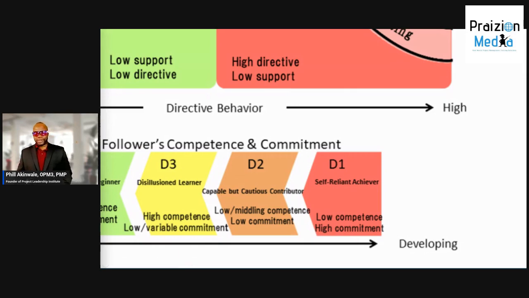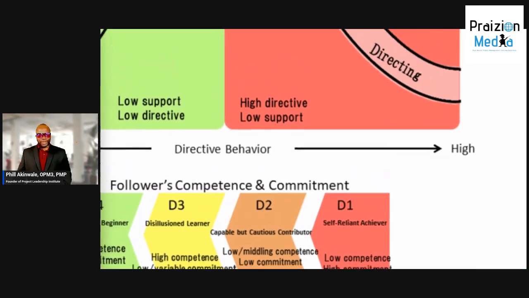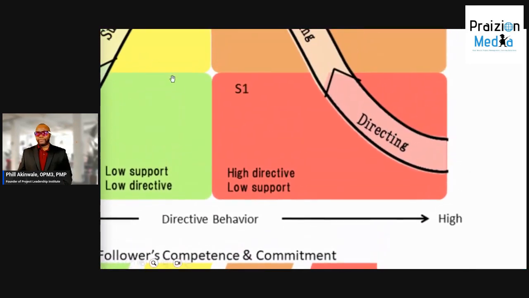Think about someone out of high school that's so ready to do anything it takes to show that they can do the job. They're eager, high commitment, but they don't have the experience. They fall into this directing quadrant. And it's not just people out of high school. This could be anyone. Someone new to the job. Eager beaver, doesn't know how to do the work. You may have to be rather directive with them.